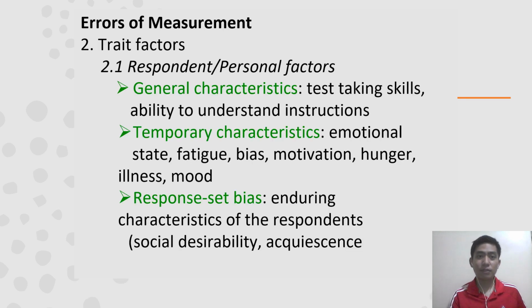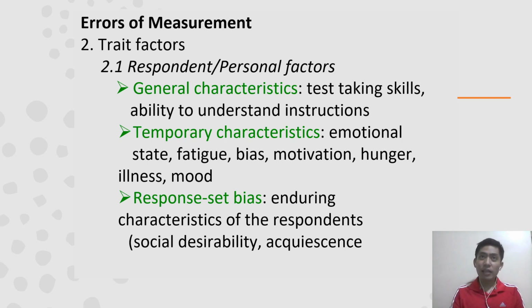Trait factors in errors of measurement: we have respondents' personal factors, general characteristics, test taking skills, ability to understand instructions. So your population and sampling are very important for us to tailor fit your questionnaire to your specific informants or respondents.